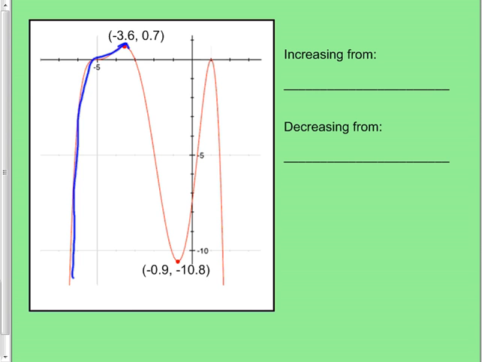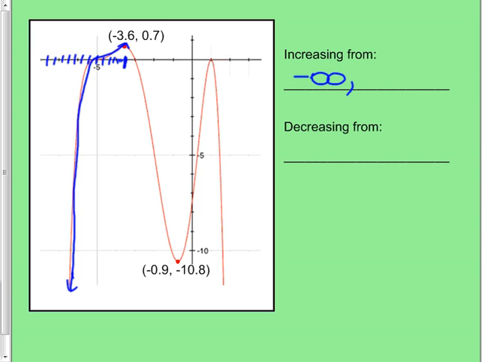So how do I say what zone that is? Well, it increased from the very beginning of the graph. It started increasing right away. So it's increasing from negative infinity until, where does it stop increasing? Right there. It stopped increasing. And then it's going to start to what? Decrease.